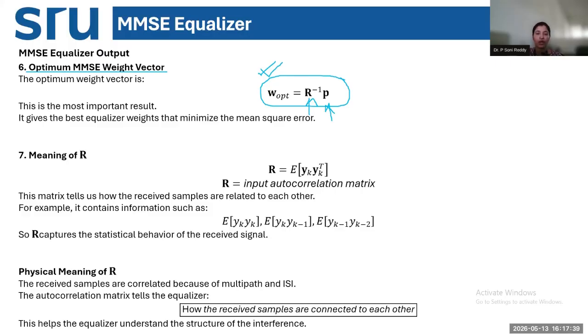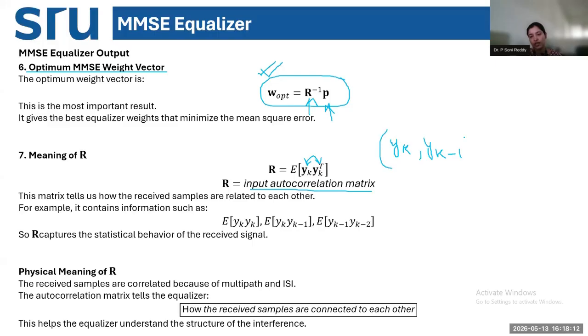So what is this capital R basically? This capital R is nothing but the input autocorrelation matrix. Autocorrelation matrix means what? That means it is a factor which is calculating how much the received signal is actually related to each other. That means if I am trying to calculate the similarity between the transmitted symbol yk and the previous transmitted signal yk minus 1.